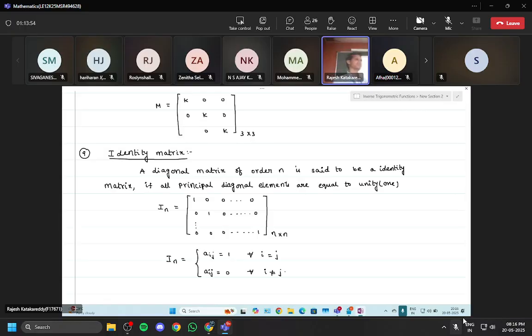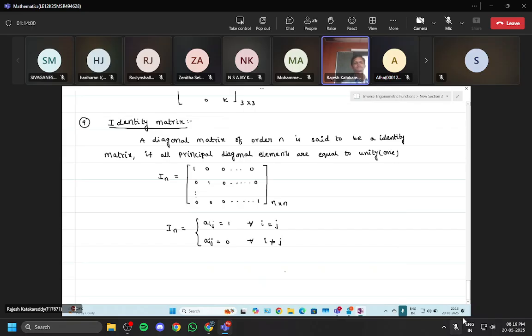Another way of writing the identity matrix. I2 stands for the identity matrix of order 2, so I2 is 1 0 0 1. Then take I3, which is 1 0 0, 0 1 0, 0 0 1. Clear? This is the identity matrix.